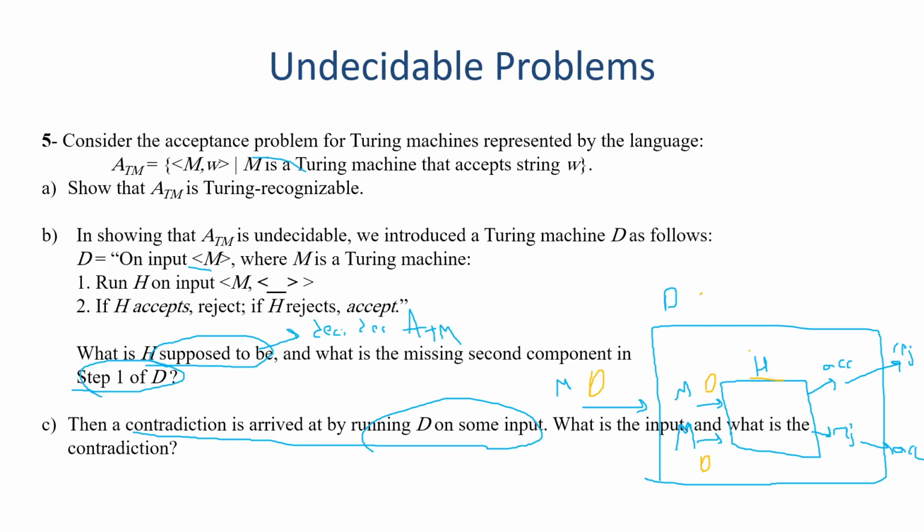So there's a small picture inside and a bigger picture outside, because that's literally what's happening on the outside: D takes itself as input. So we're asking H, will D accept or not? If H says yes, D actually rejects. If H predicts that D will reject itself as input, D actually accepts. So what H is predicting inside is the opposite of what's actually happening outside, and that's why we get the contradiction here.